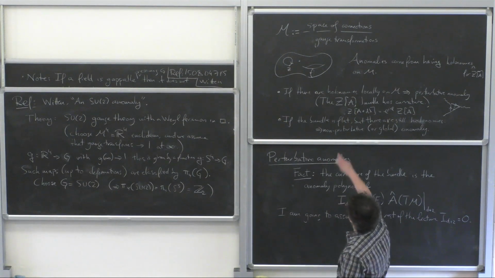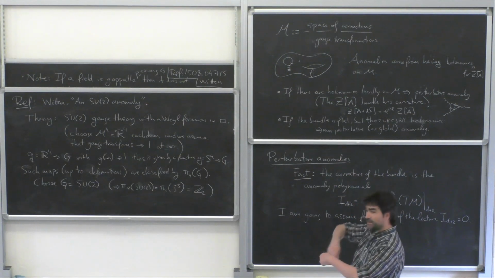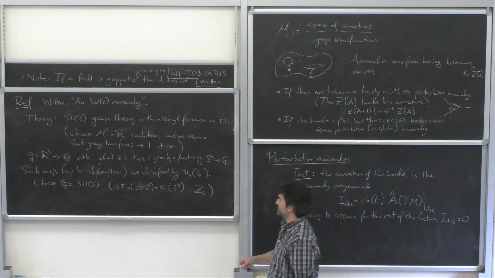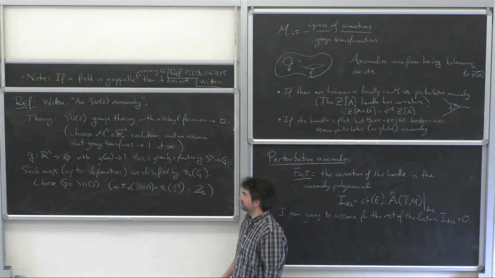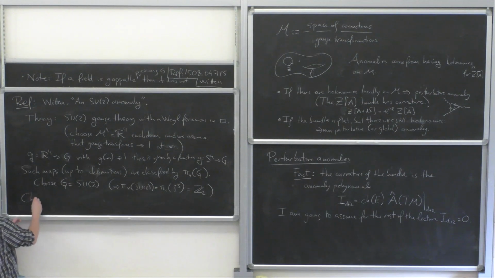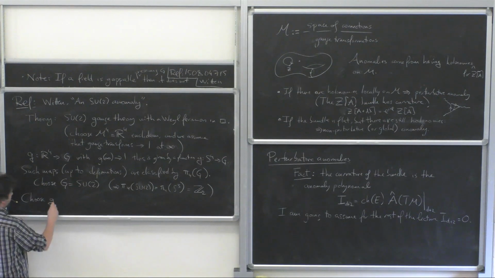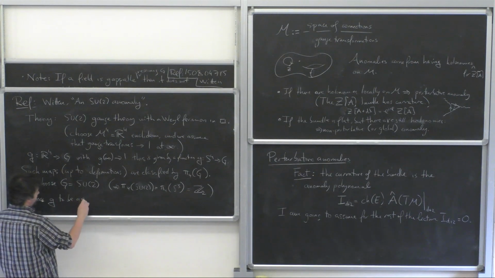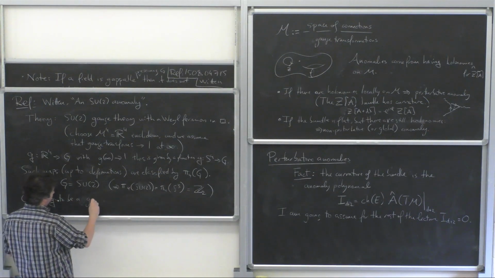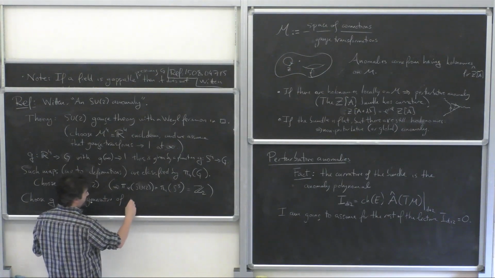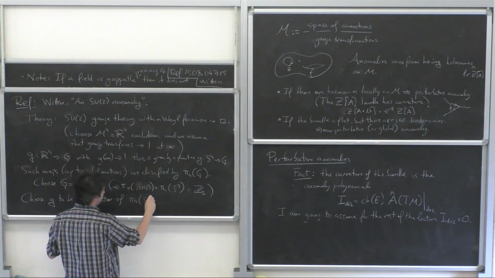Okay, so data space M is my A's up to gauge transformation. So if I start with an A and I act with a generator, I still get the same thing. So I'm going to choose G to be a generator of pi 4 of SU2.